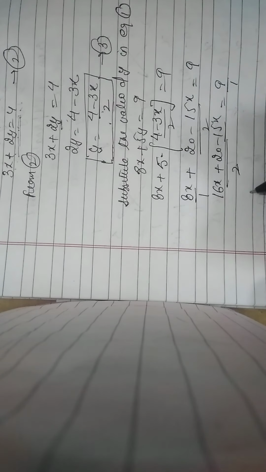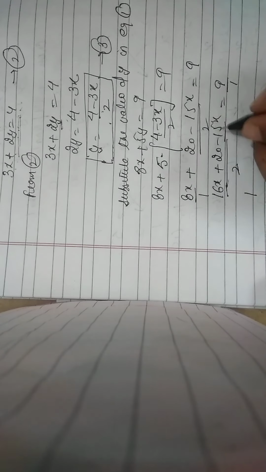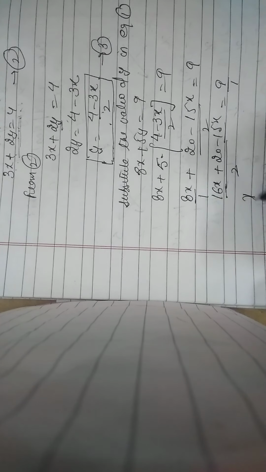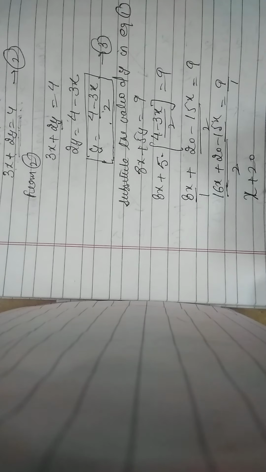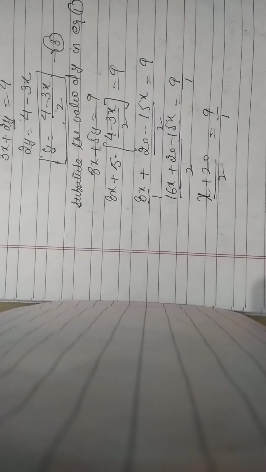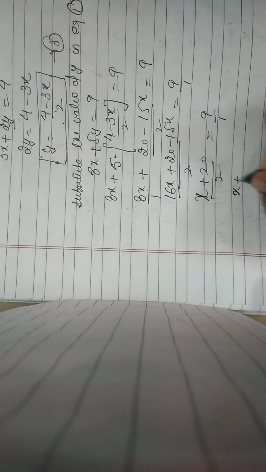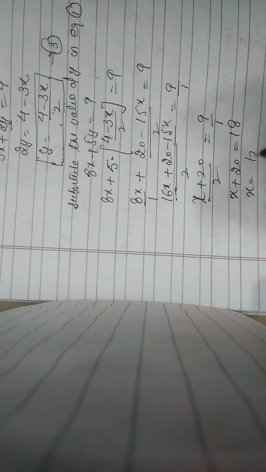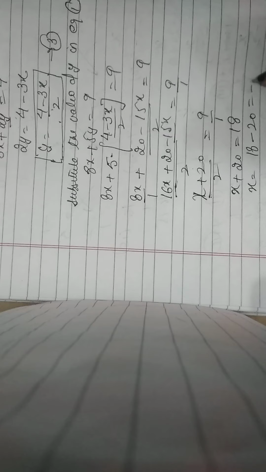Now 16x minus 15x, that is x, plus 20 upon 2 is equal to 9 by 1. By cross multiply, x plus 20 equal to 18. X is equal to 18 minus 20, that is minus 2.